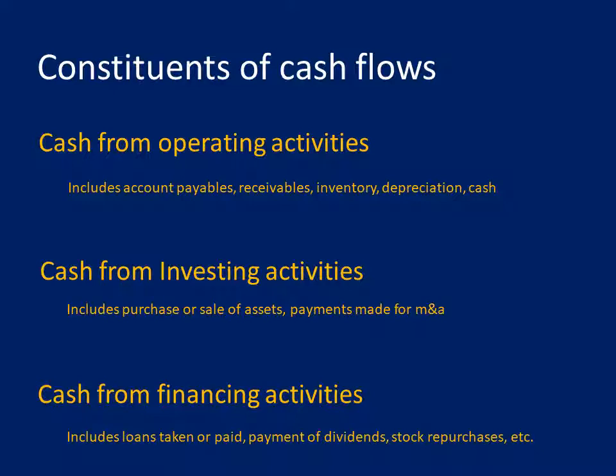The third one is the cash from financing activities. This includes the loans that the company takes or the loans that it pays out or the principal that it pays out to the banks. Any payments of dividends or stock repurchases to the shareholders are also considered in financing activities.